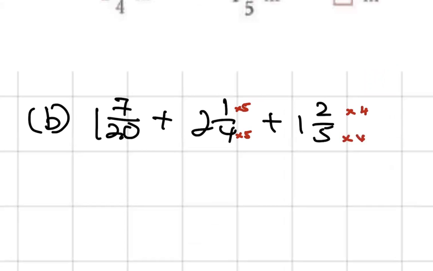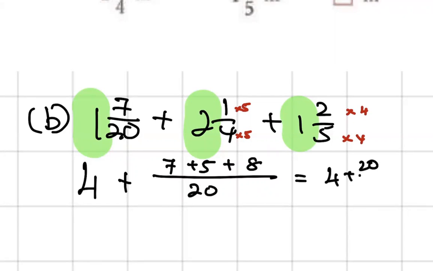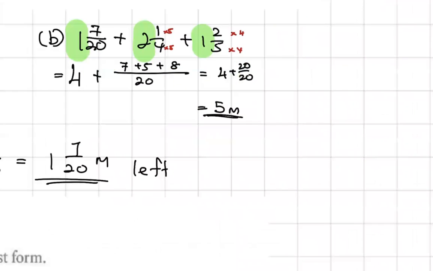So add all the whole numbers first: 1 plus 2 plus 1. So it's 4 plus 7 plus 5 plus 8 over 20. So here we got 4 plus 20 over 20 is equal to 5 meters. Check. So that is how you check.